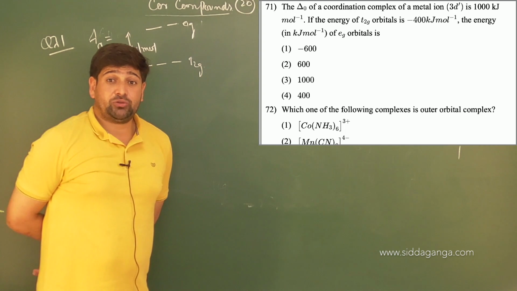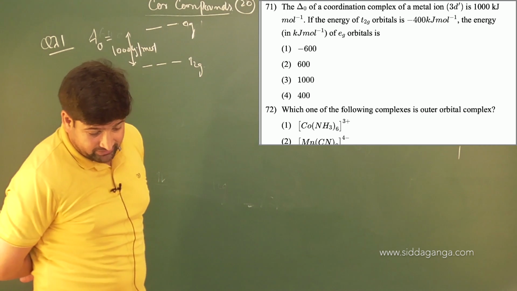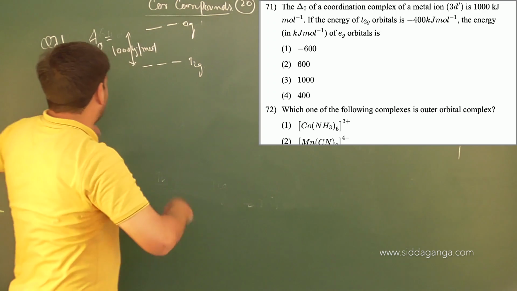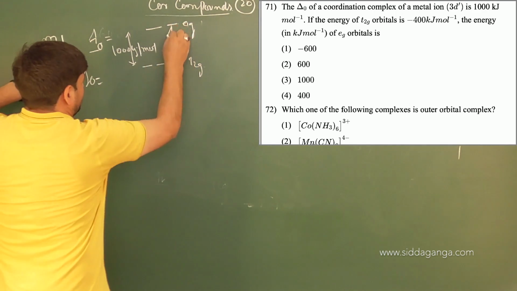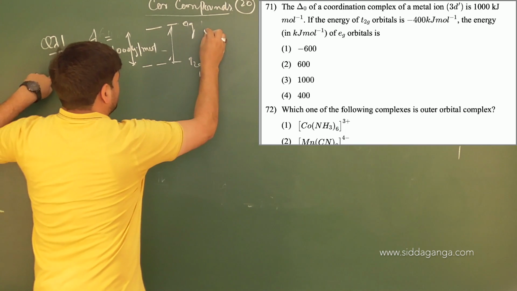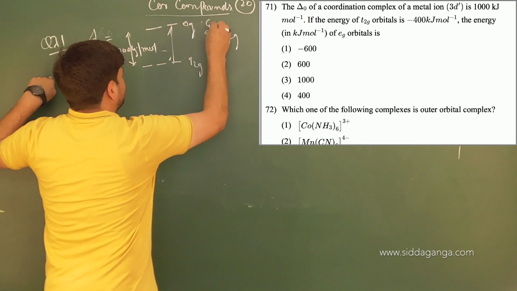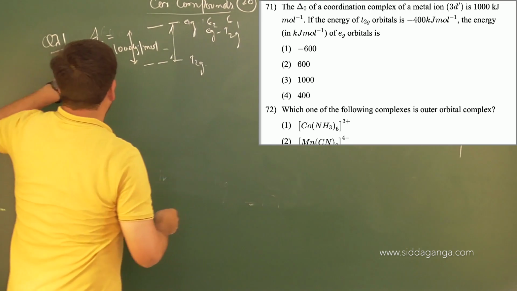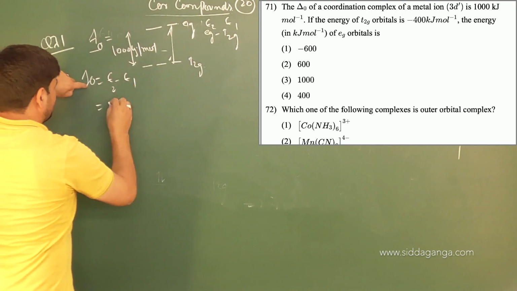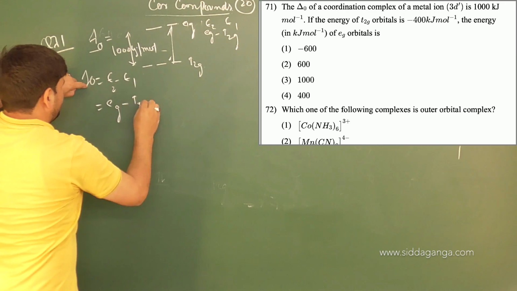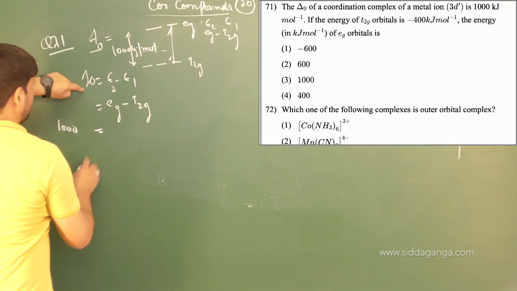If the energy of t2g orbitals is how much? 400. So the energy of t2g orbitals is given as minus 400. So what can we write down? Delta 0 equals, it's an energy difference between the two, right? Like in Bohr's model, you use E2 minus E1, it will be E minus t2g, because this is E2, this is E1. So delta 0 equals E2 minus E1, that is eg minus t2g. Now what is delta 0? 1000 equals eg minus t2g.